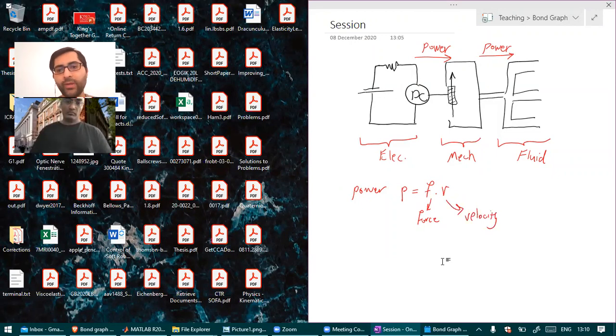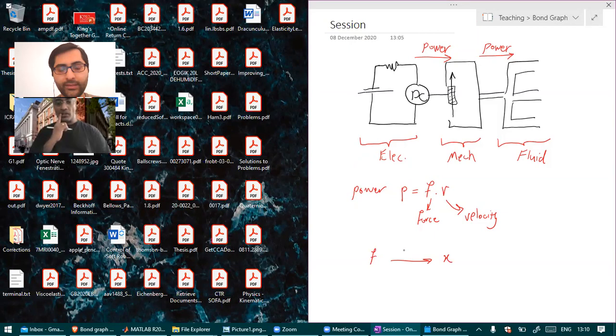In all of them, we can see elements that relate the force to displacement. If I remain in the mechanical domain, displacement, I show it by X. And what is the element that relates force to displacement in mechanical systems?